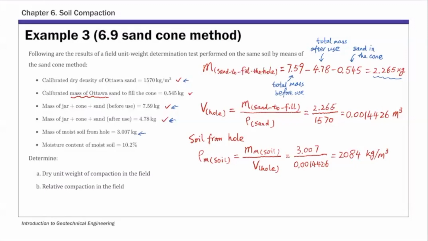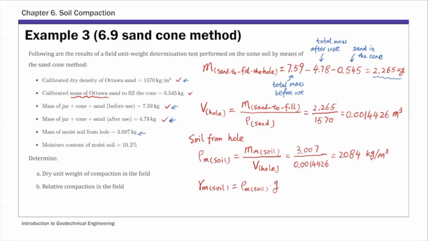And then eventually our goal is to calculate the dry unit weight. Okay, so that's what the end product specification requires. So we need the dry unit weight. And to get unit weight, you can use density times gravitational acceleration. And there are actually two steps involved. So first, let's calculate the moist unit weight. Okay. So the moist unit weight is moist density times gravitational acceleration.